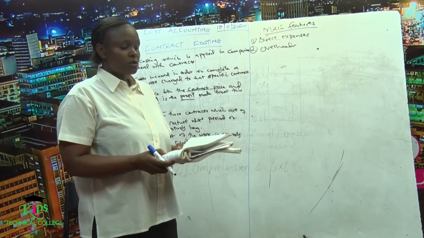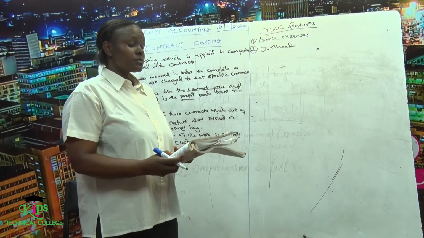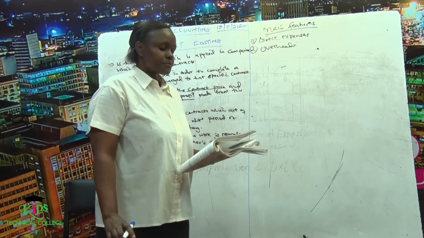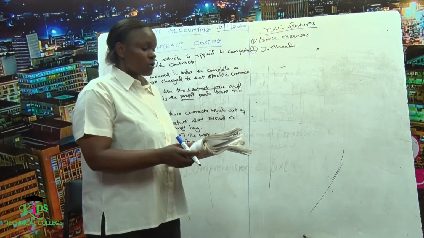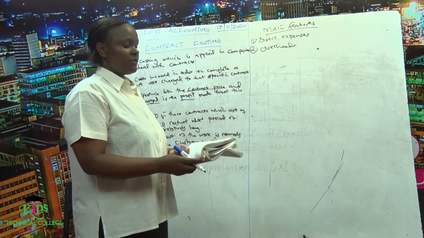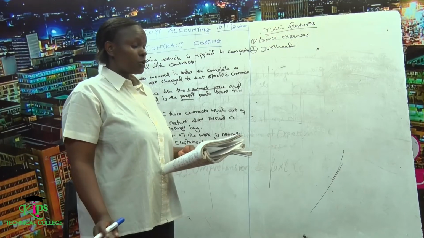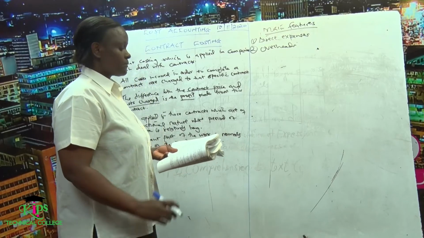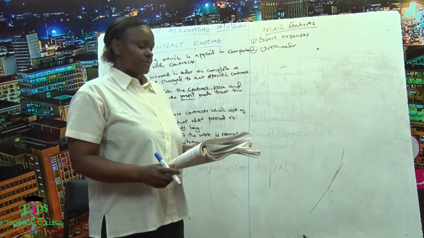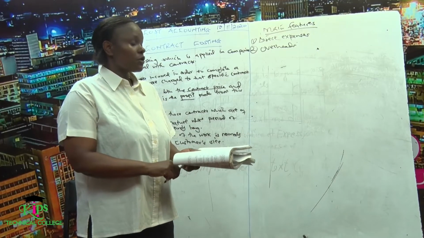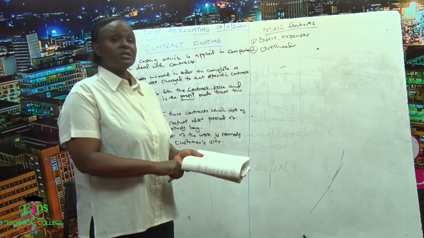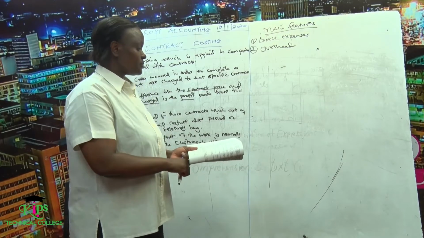You open the contract account for each contract, then you allocate the overheads. All other overheads incurred for the company as a whole are apportioned on a suitable basis to all contracts. So the proper share of these overheads is charged to a specific contract.